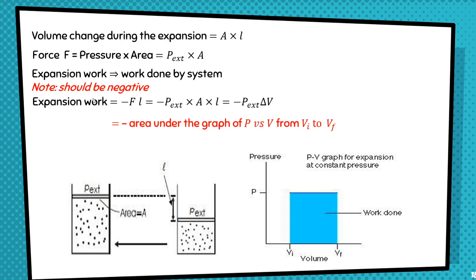So you get the derivation from the force and the length up to work equals minus P delta V. And what this really is, is the area under the graph of P versus V, from V initial to V final. So here you have constant pressure, and you have Vf and Vi. You see here that the work done is actually the shaded area underneath the plot.